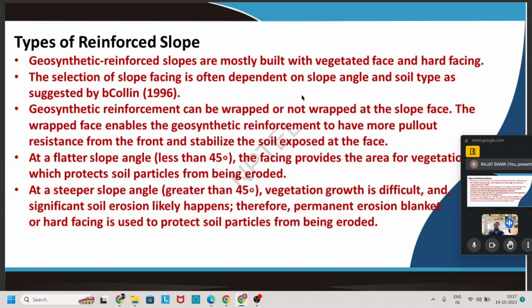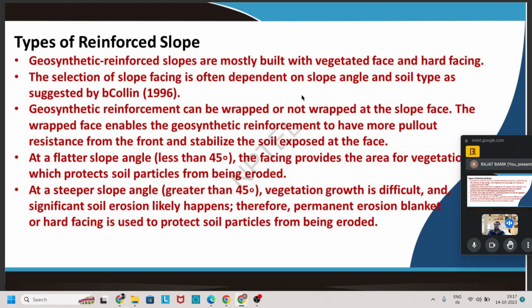The selection of the slope facing often depends on slope angle and soil type, as suggested by Collin 1996. Collin, one of the researchers, gave some criteria for selection of the reinforcement material depending on the slope angle and the soil type, and we will discuss this in the coming slide.